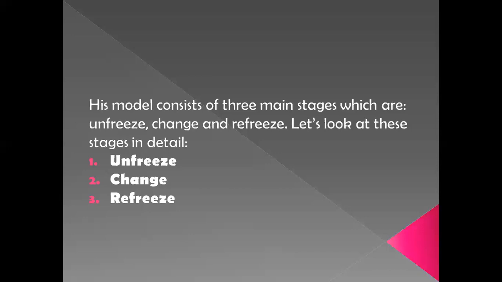So this is the practical framework. If you are using it in any organization, then you can have these practical implications. Now the key point is that Lewin's change management model is a simple and very easy to understand framework for managing change. By recognizing these three distinct stages of change, you can plan to implement the change required.